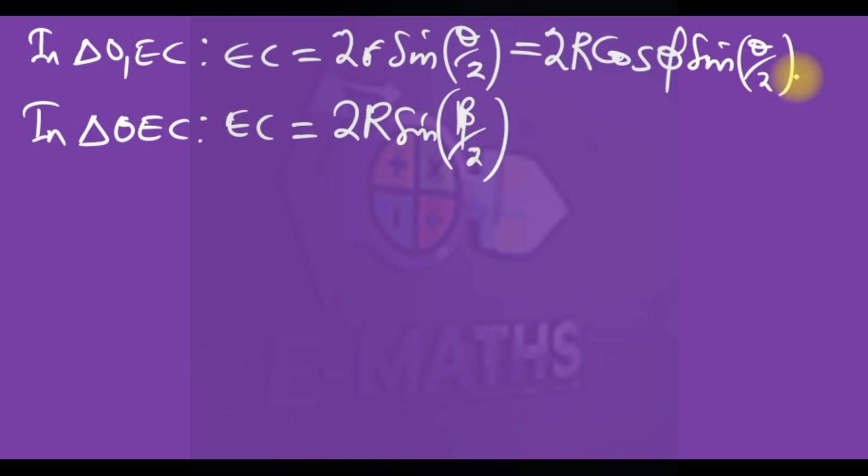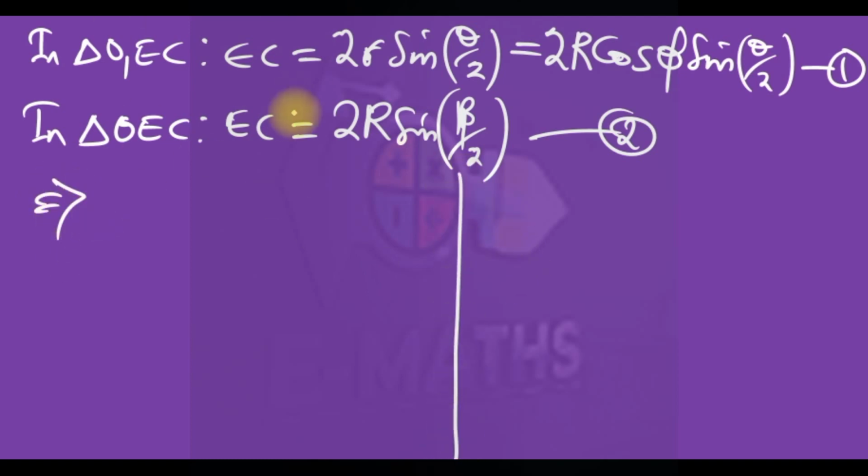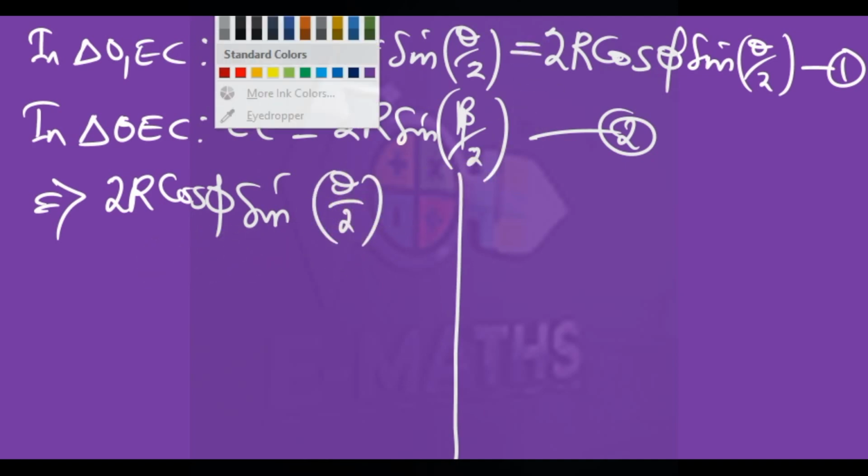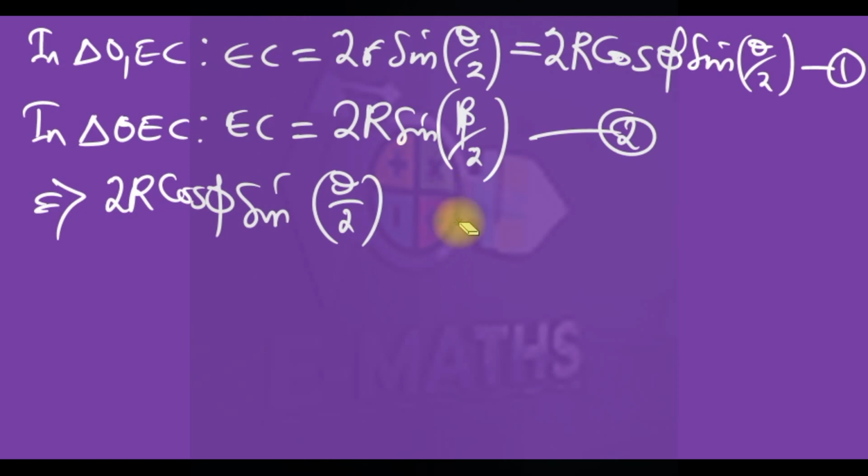Let's call this equation 1, this equation 2. So what do you observe? You notice that 2R cos phi sine theta over 2 will be equal to 2R sine beta over 2.